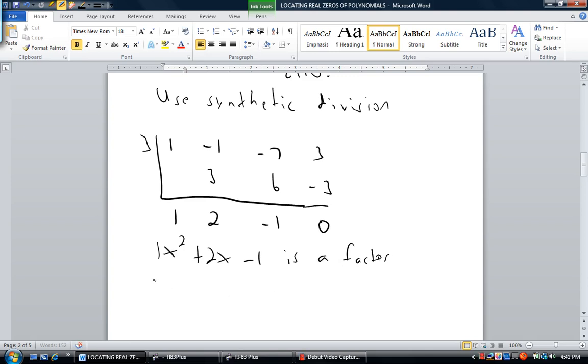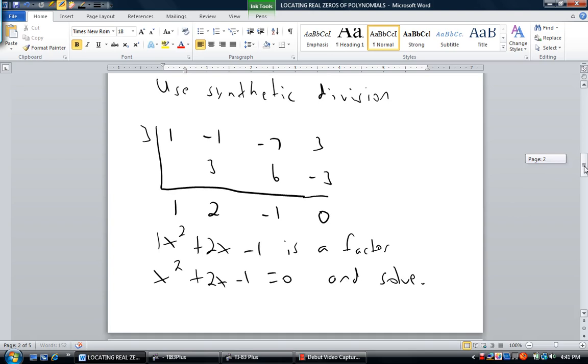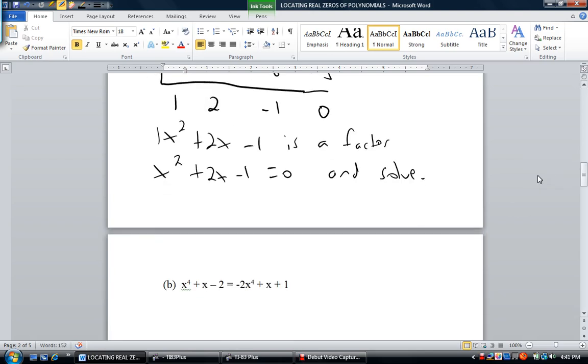And what we always do with factors, we set them equal to 0, and we're going to solve it. The process we're going to use to solve is the quadratic formula.